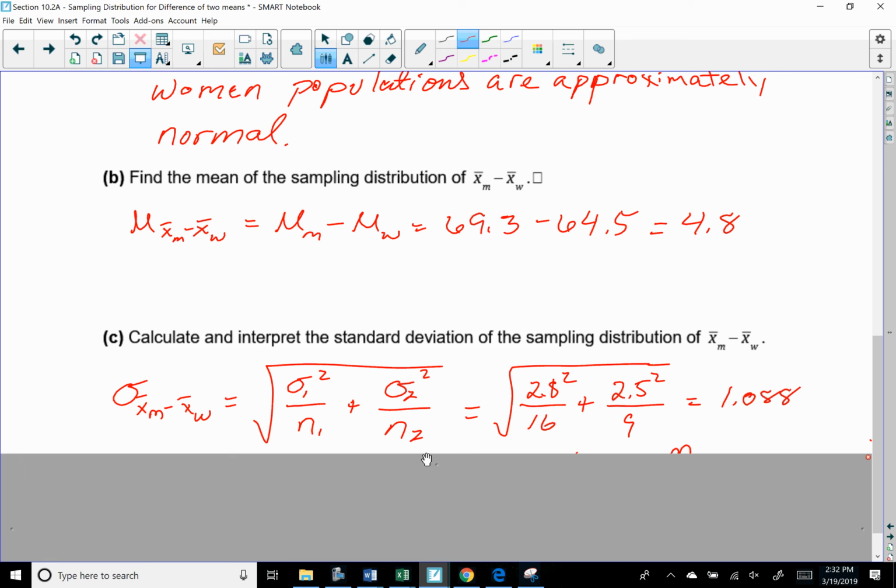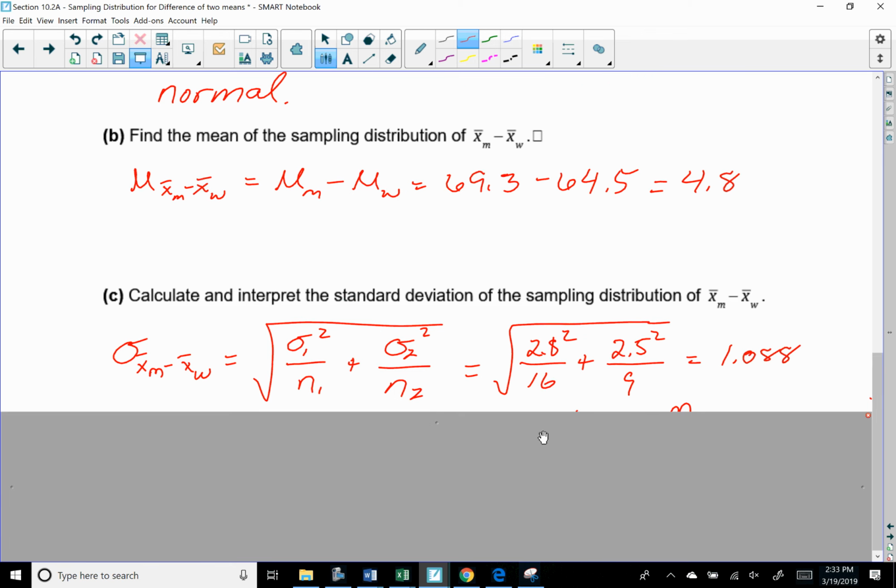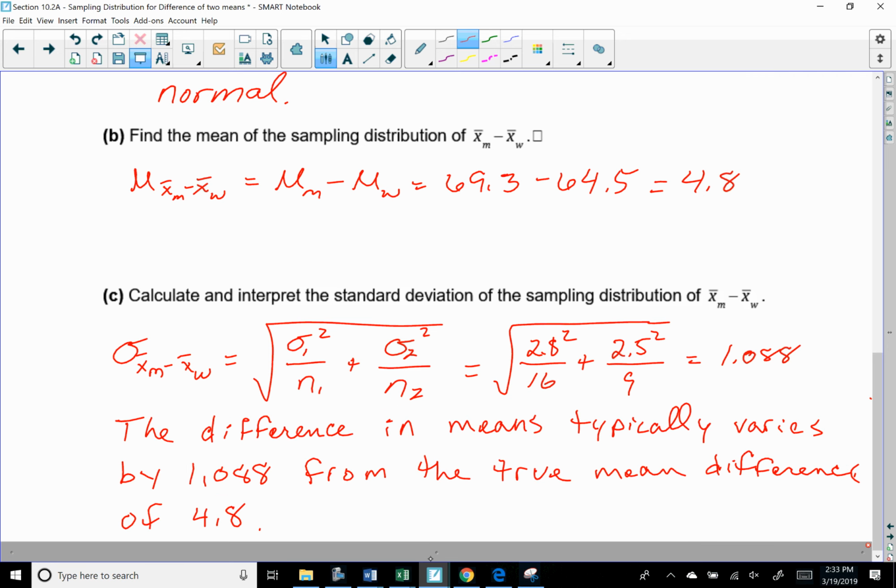So in this case, we get 1.088. And it says to interpret, right? So we can say the difference in means typically varies by 1.088 from the true mean difference of 4.8.